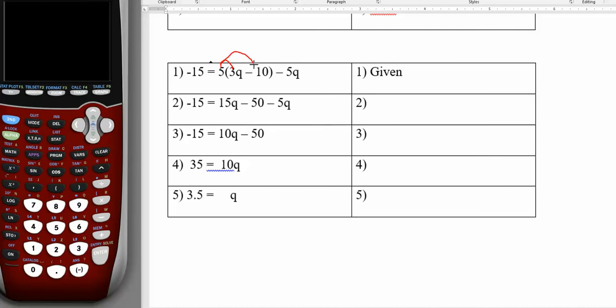So what property yields step 2? That'd be the distributive property. So you're just simply stating, how did we get it? How did we get 2? Distributive property. How did we get 3? Well, the 15 and the 5 somehow changed into a 10, which tells me that we combined like terms.